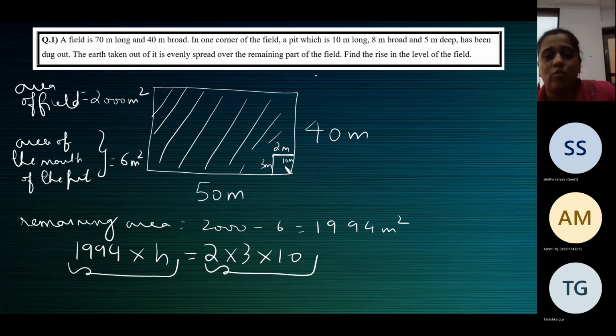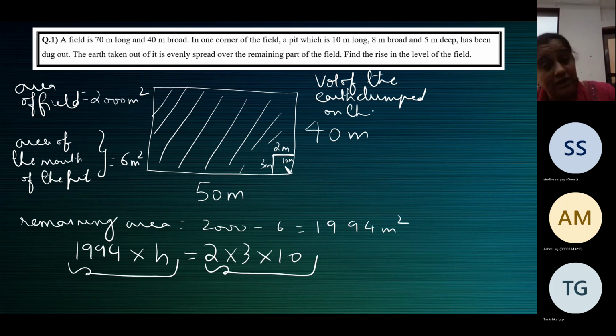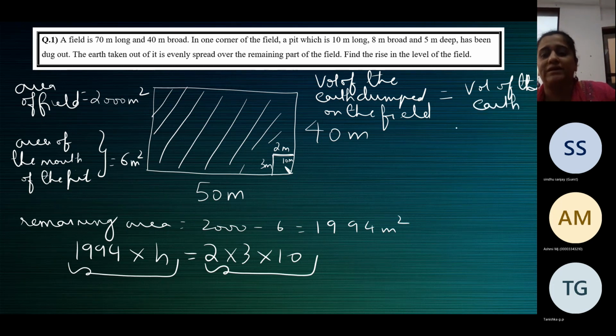The volume of the earth dumped, or you can say spread, on the remaining part of the field, is equal to the volume of the earth removed from the pit, correct?